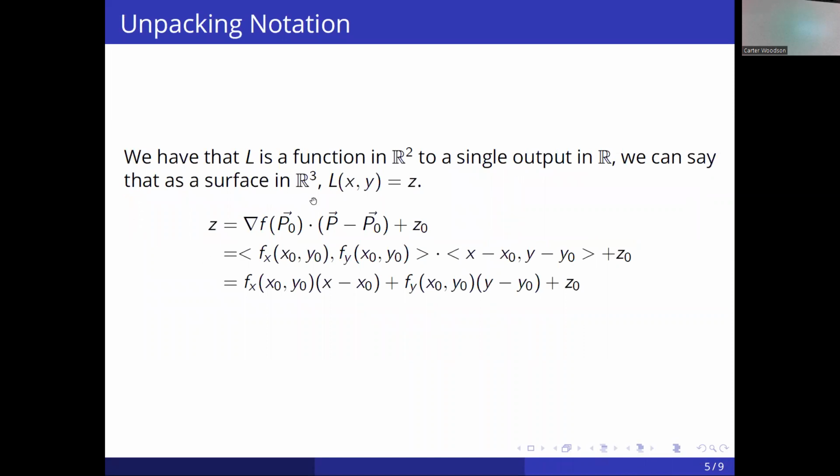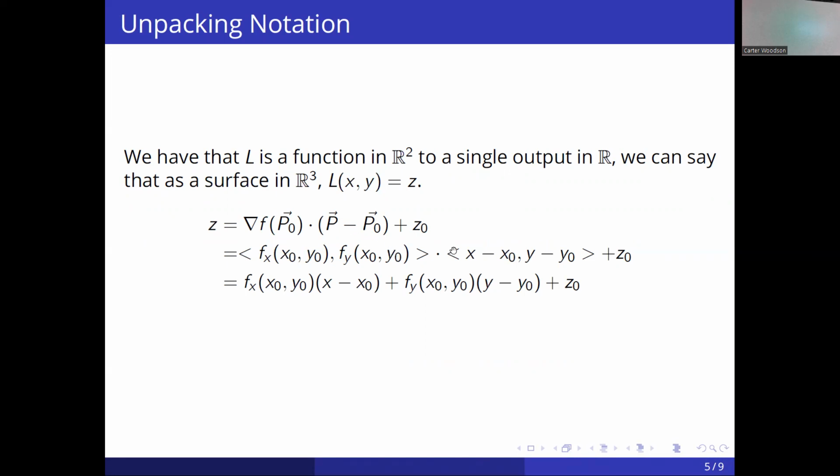First thing I want to notice is that L, our linearization term, is a function of x and y. So in R3, we just call that point z. Then when we look at this gradient term, we'll have the partial derivative with respect to x of f at the starting point, and then the partial derivative of f with respect to y.